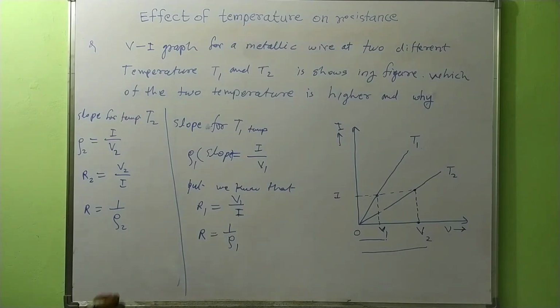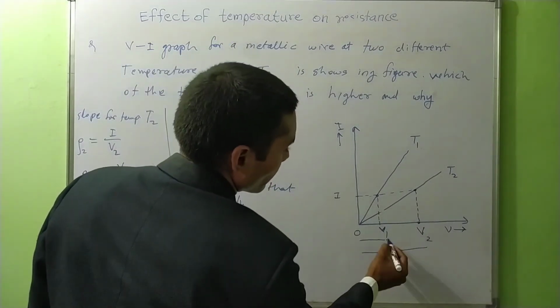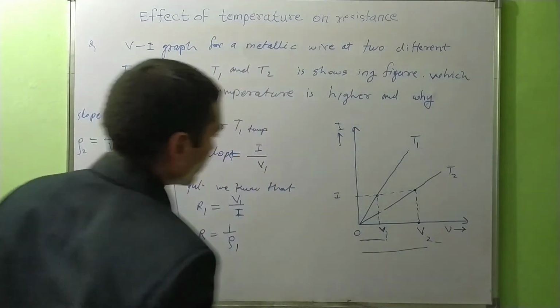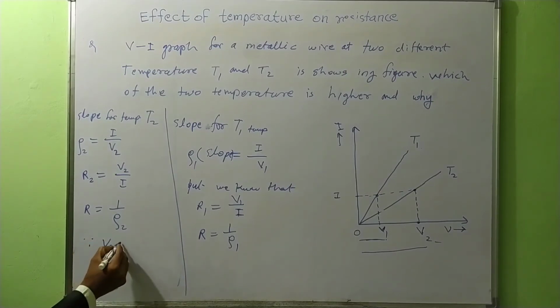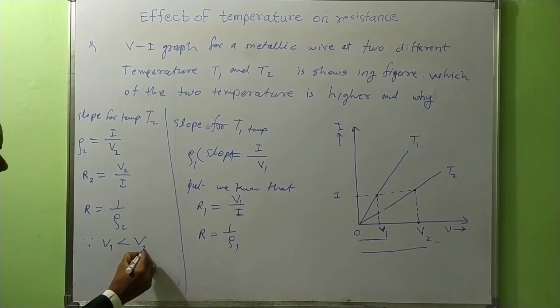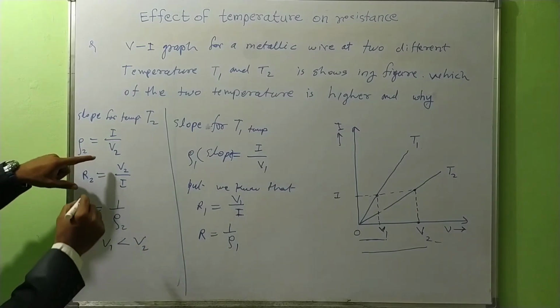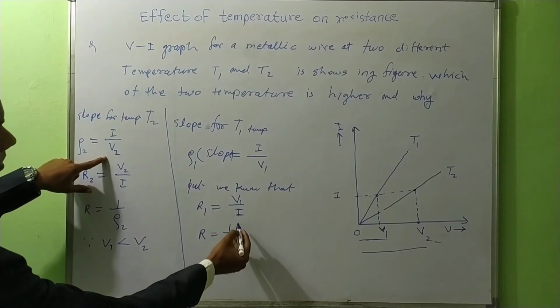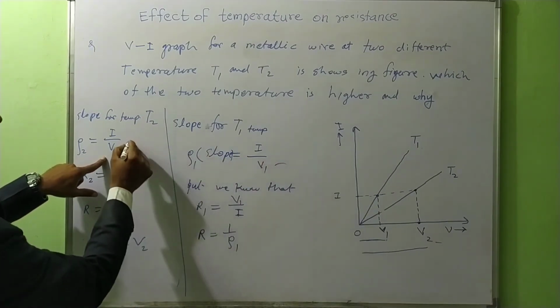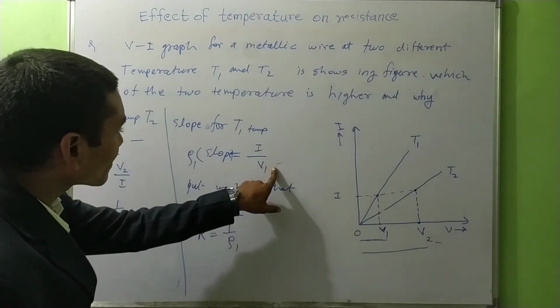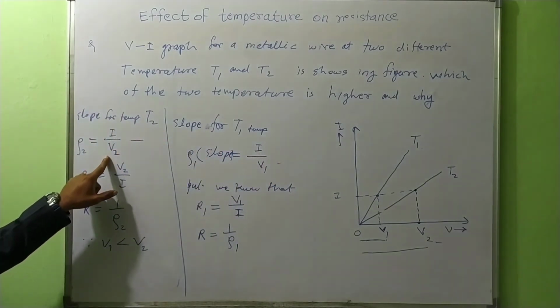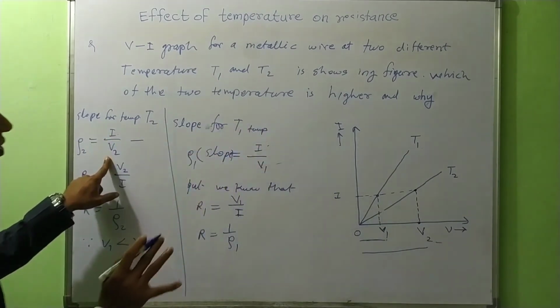Okay, now you know from this diagram V1 is less than V2. Since V1 is less than V2, from this equation and this equation, V1 is less than V2, but I is common for both.